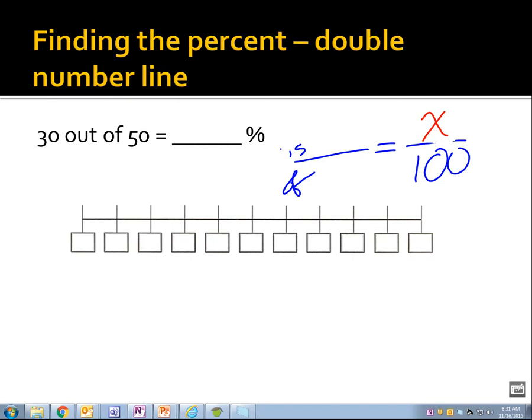Yes, what is one of them? The part is 30. So what would make the whole on that one? Abby? 50, yes. What we mean by part whole is it's part of something and then the whole thing.